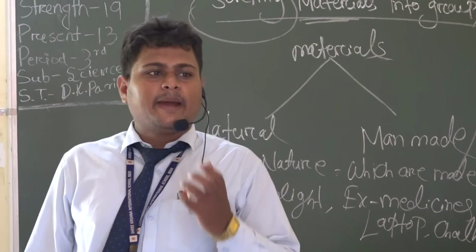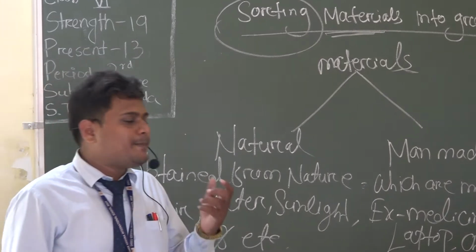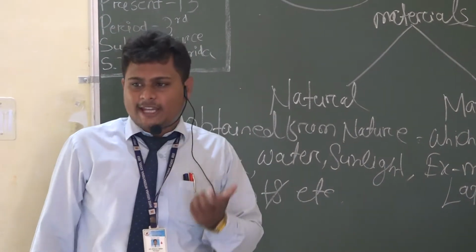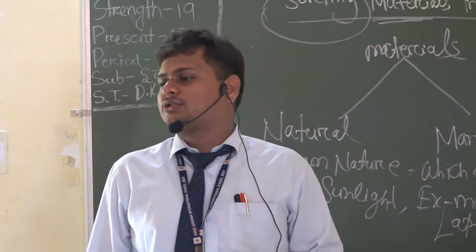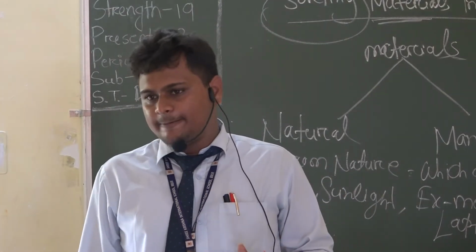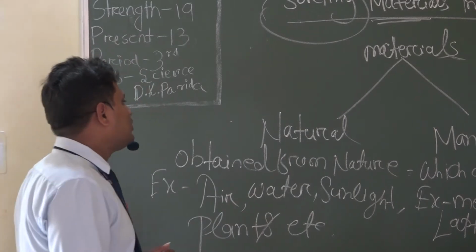So the materials which are prepared or made by human beings are known as man-made things, otherwise known as artificial things. Okay, so write down all those things, then we will go for the next.